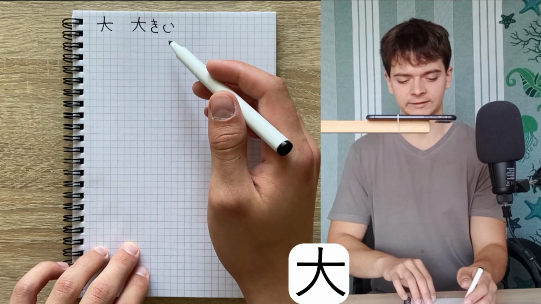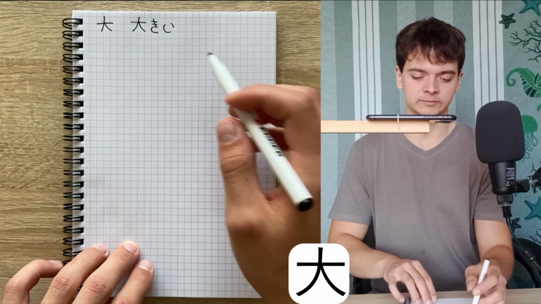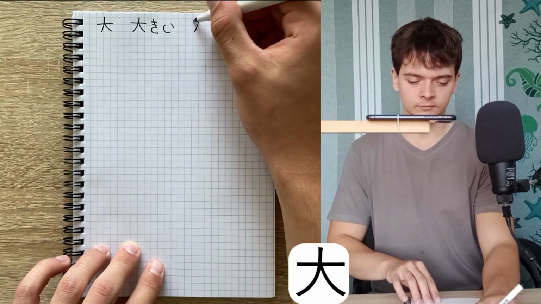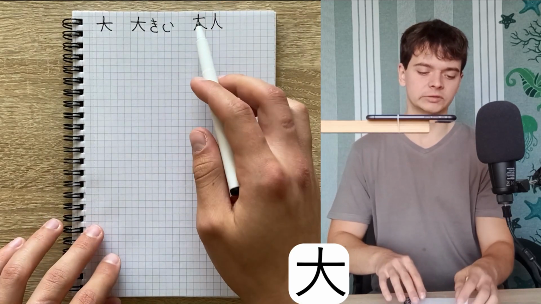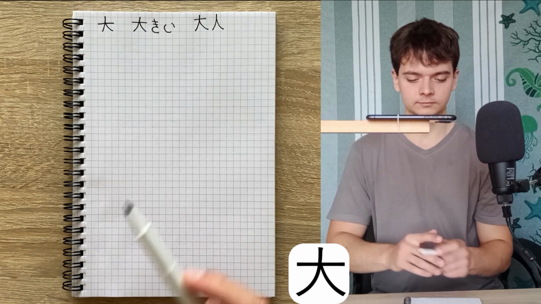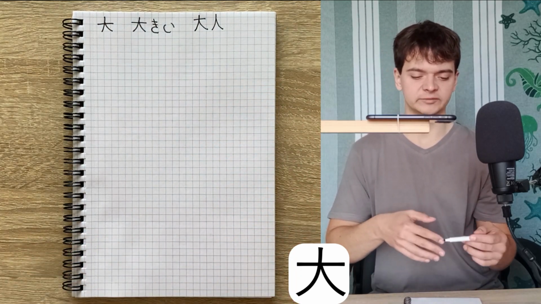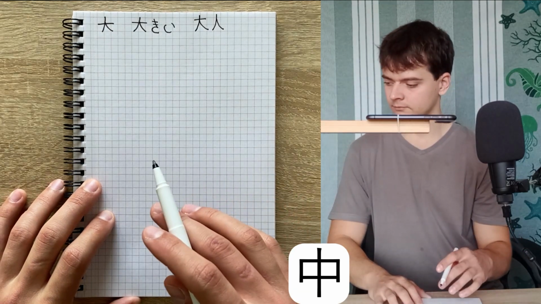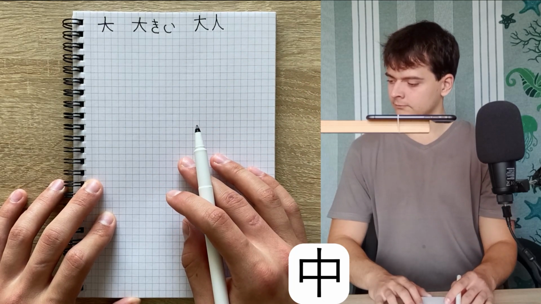You use it with either hiragana or kanji. So oki, or you could say otona. And otona means adult. So in all the cases, it always means big. Like a big person.